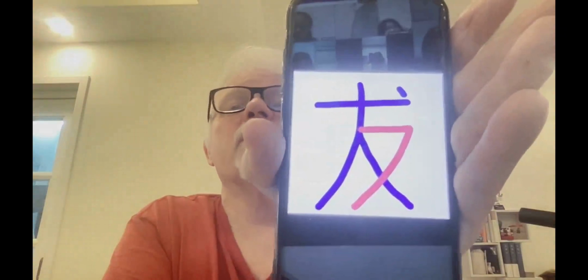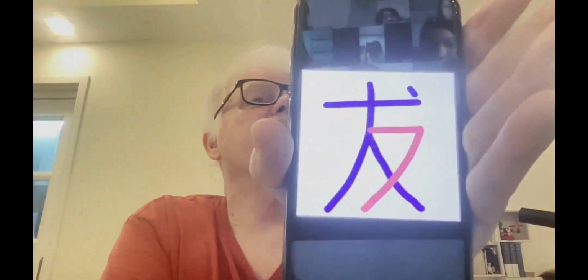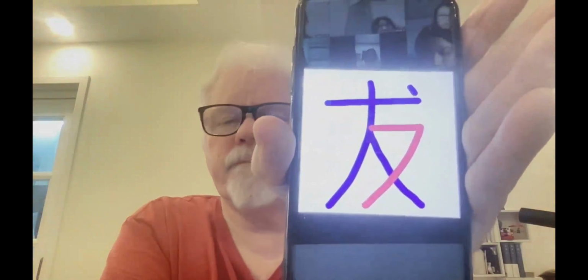This is almost the same as the simplified form of fa cai de fa, but it only has one dot on top. Another difference is that you see the thing that looks like a you, you shou de you, the thing that looks like a right hand? It's actually two pieces.